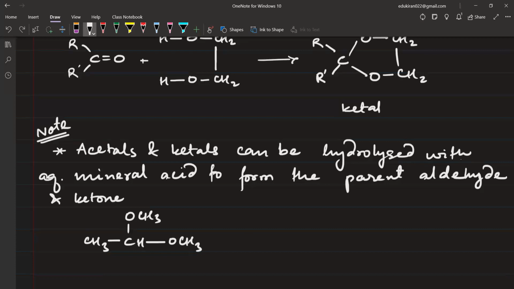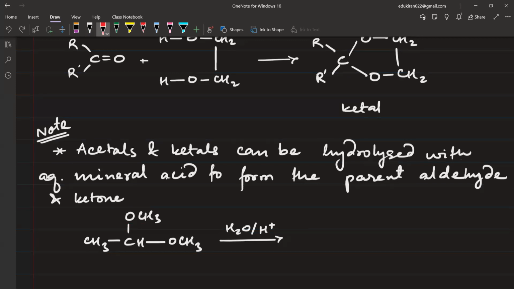If you react this with H2O in the presence of water or aqueous HCl or aqueous H2SO4, then please remember what is going to happen. We have alkoxy, another alkoxy. That means this is acetal, and acetal will give you aldehyde.